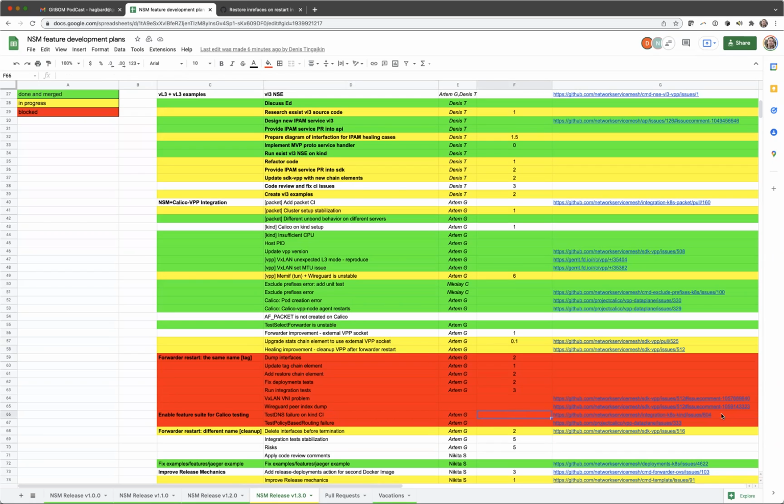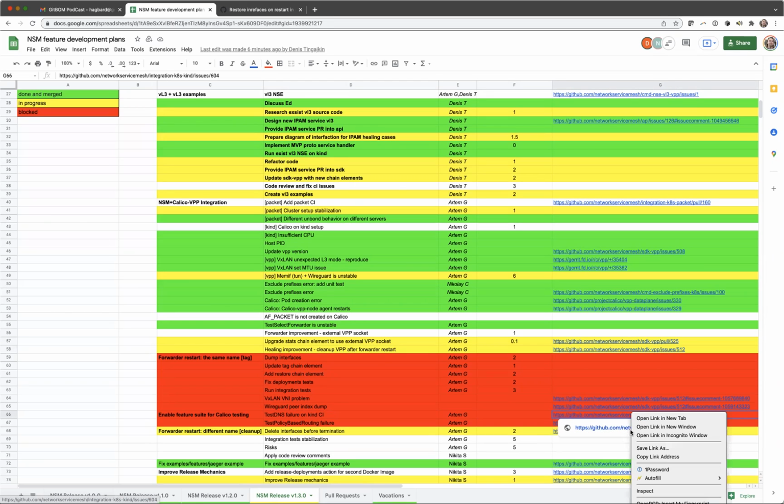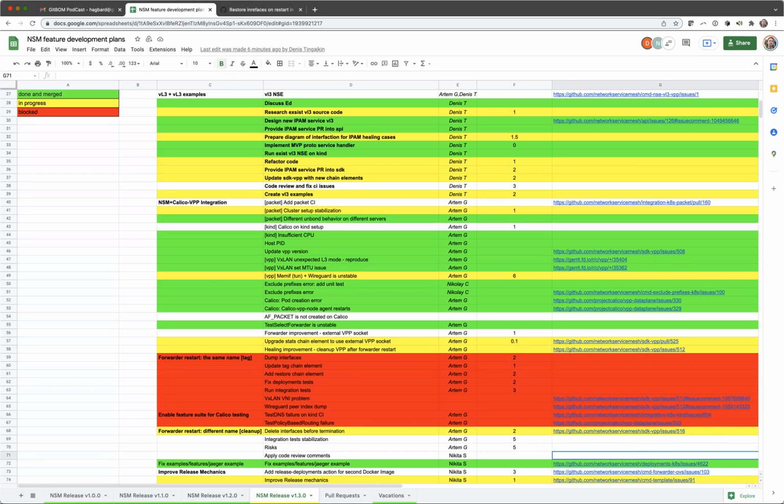The problem here is it is reproduced only on CI, kind CI. Locally, it's working fine, and on packet cluster, it works fine. So I think it is related to GitHub machine configuration, probably something wrong with DNS. Okay, so that's good. I'll add that to the list of things to take a look at as well.